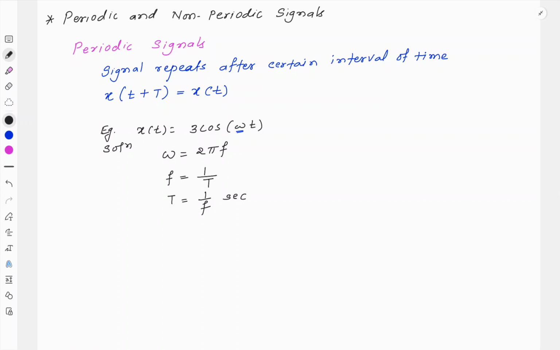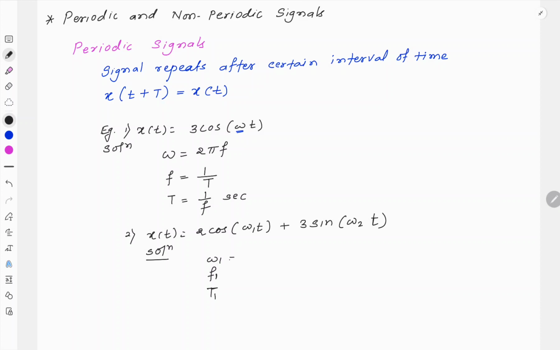Now secondly, we may have signals like x of t equal to, let's say, 2 cos of omega 1 t plus 3 sine of omega 2 t. When we have a combination of such signals and we want to prove whether the signal is periodic or non-periodic, from omega 1 we find f1, and from f1 we find the period of the first part, t1, which is 1 upon f1.